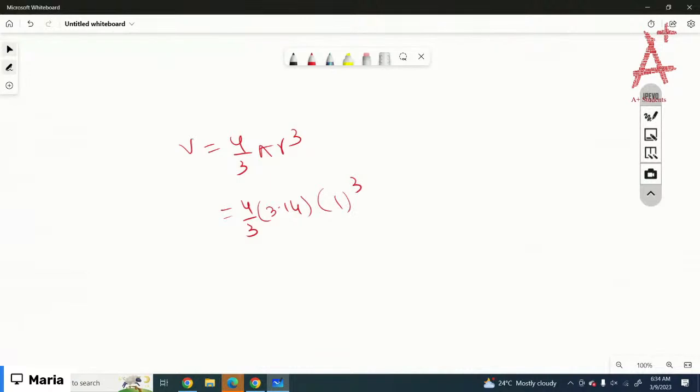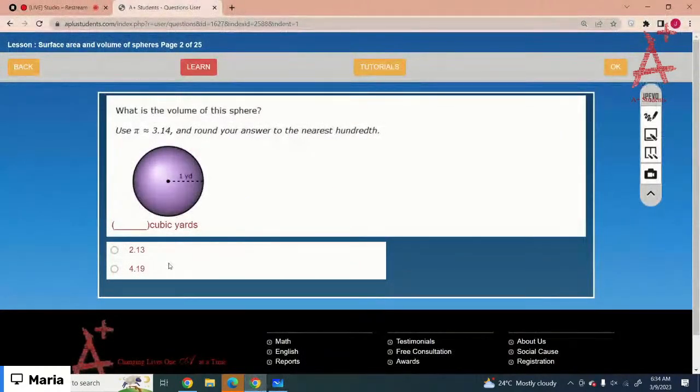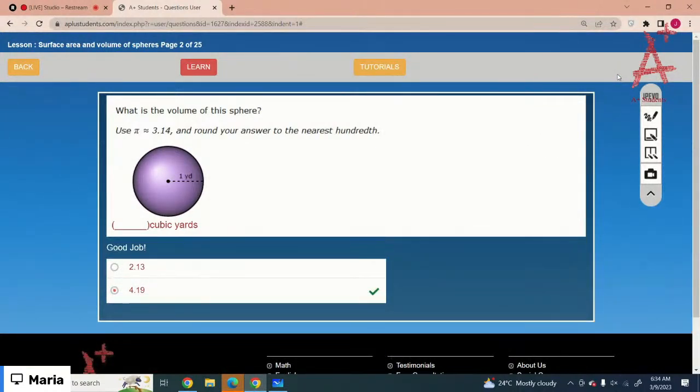Let's just multiply and divide all the values. 3.14 times 4 is 12.56, divided by 3, so it is 4.18. So the correct option is 4.19. The second option is the correct one.